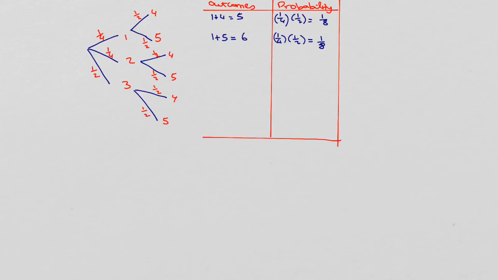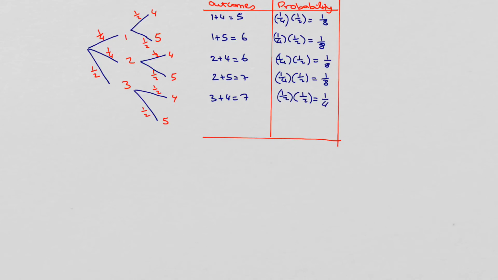I could have a 2 and a 4, which sums to 6, and that probability would be a quarter by a half, which is 1/8. I could have a 2 and a 5, which sums to 7, and that would be a quarter times a half, which is 1/8. I could have a 3 and a 4, which is 7, and therefore that would be a half by a half, which is a quarter.